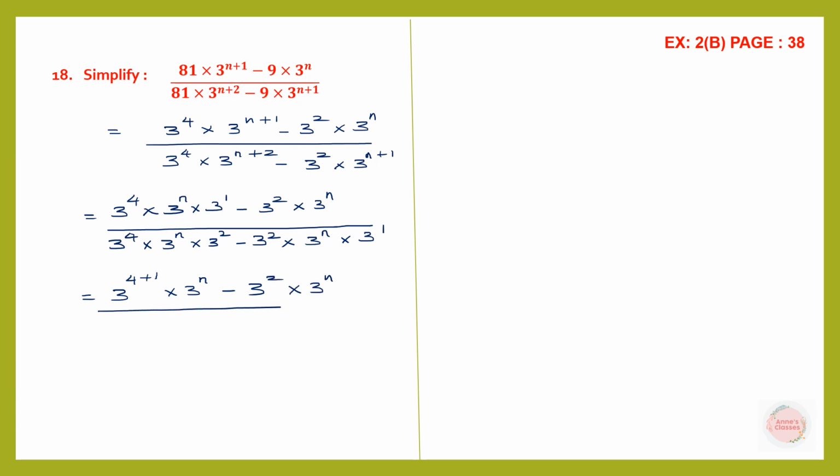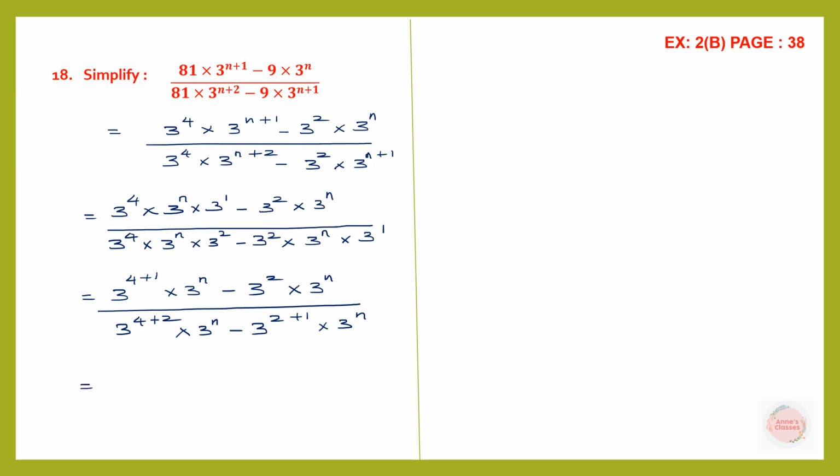Now in the denominator also I can do the same thing. I can say 3 to the power of 4 plus 2, and I'm going to leave this as it is. So that will be into 3 to the power of n minus 3 to the power of, here also I can add up 2 plus 1 into 3 to the power of n.